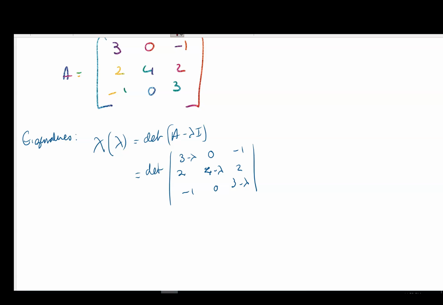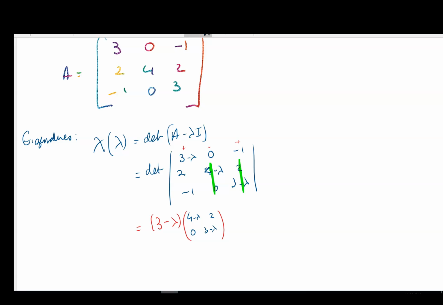I'm going to expand along the first row because it has a 0 inside, so it's going to make it easier. Let me write the details. It's going to be plus (3 minus lambda) times the determinant of the two remaining rows and columns, which is (4 minus lambda, 2, 0, 3 minus lambda).